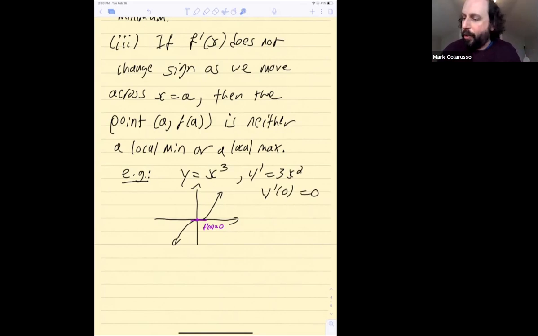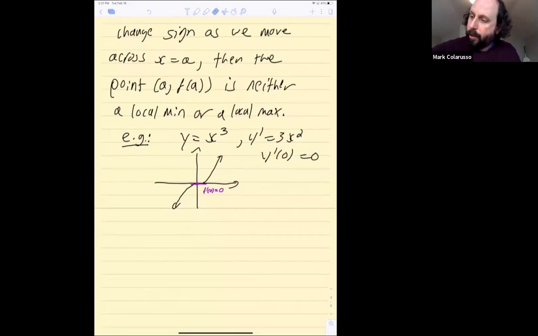And you can see that the value f at 0 equals 0 is not the smallest value around it, nor is it the largest. There are both smaller values and larger values on either side of 0. So this is not a relative min or max. Something else is happening there, and I will talk about that in a little bit.